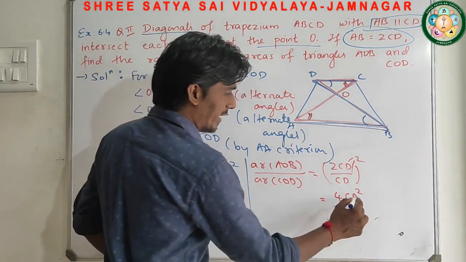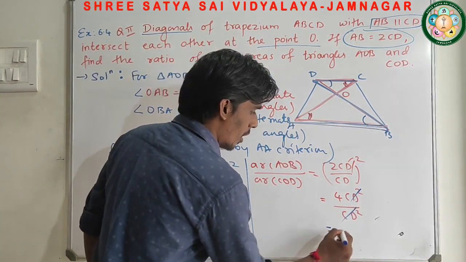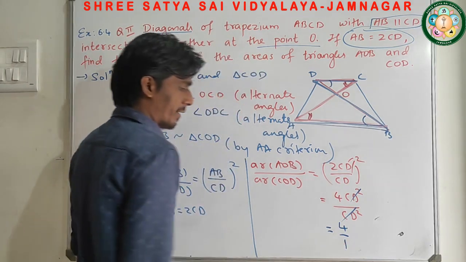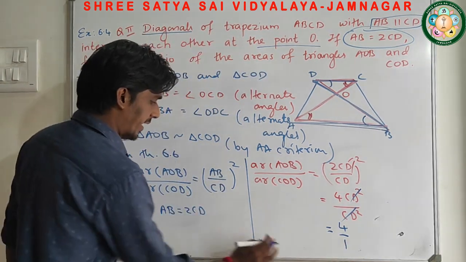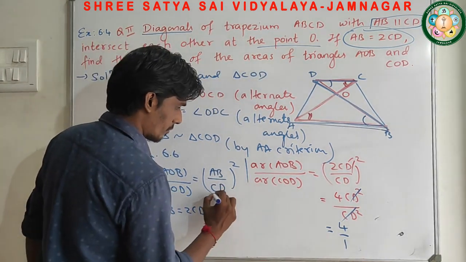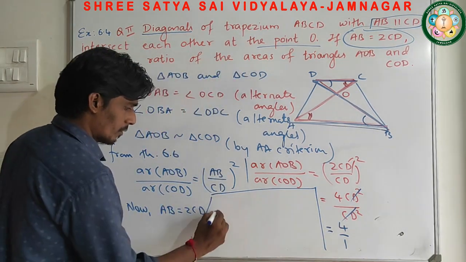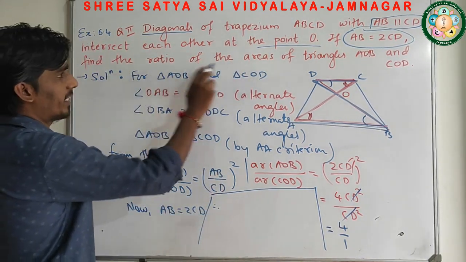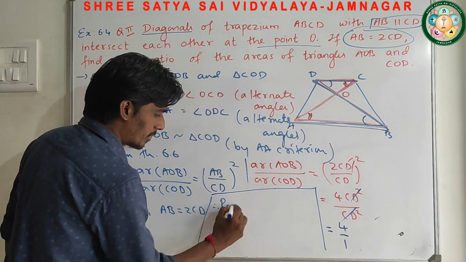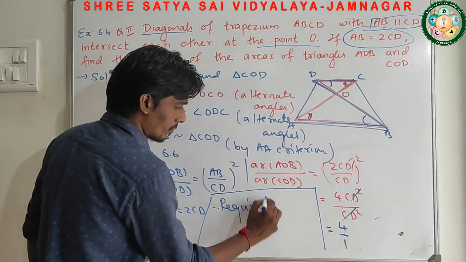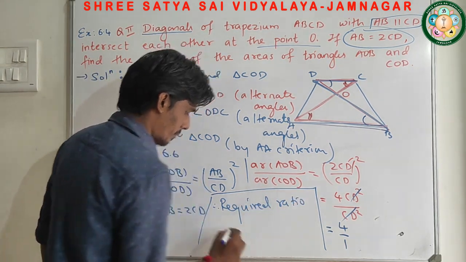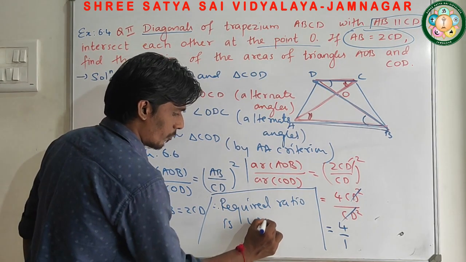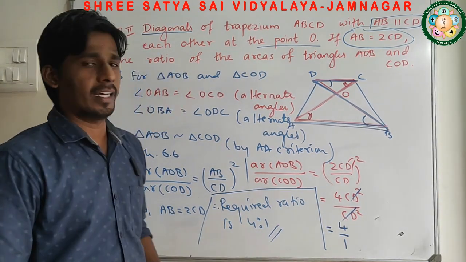Definitely CD square and CD square get cancelled. How much is left? 4 by 1. Therefore we can say that the required ratio of areas is 4:1. This is our answer.